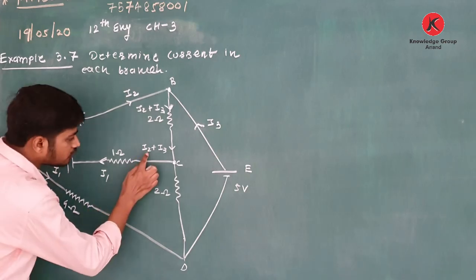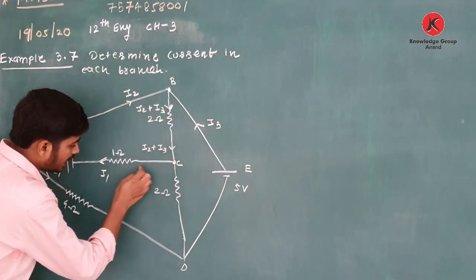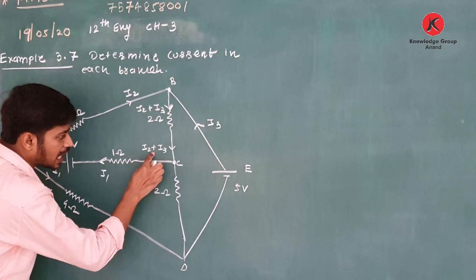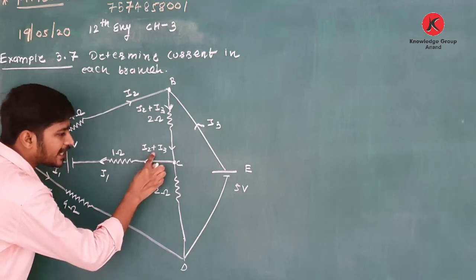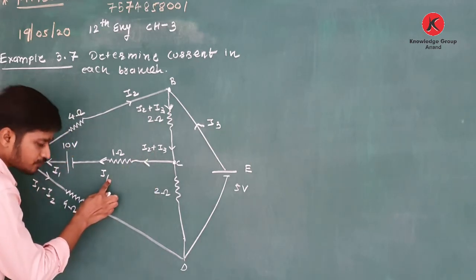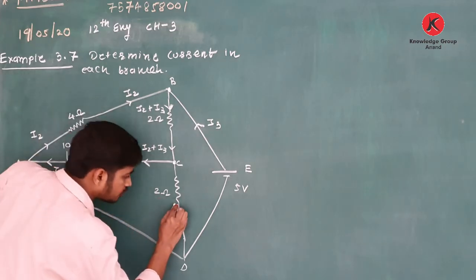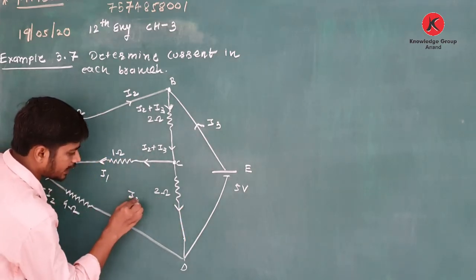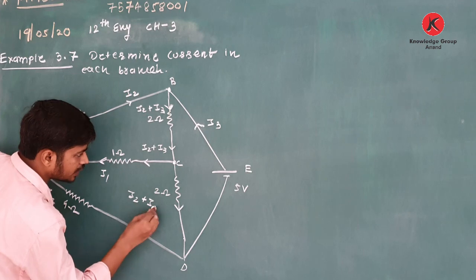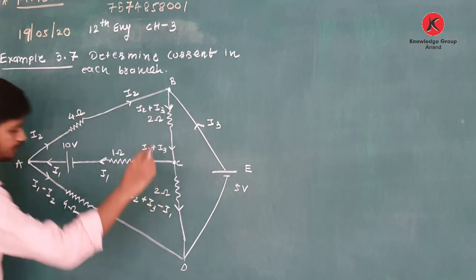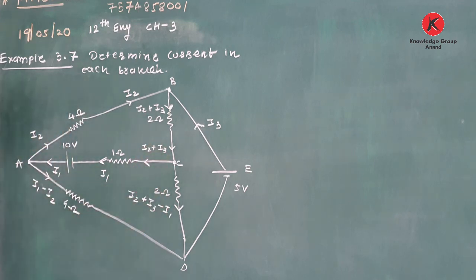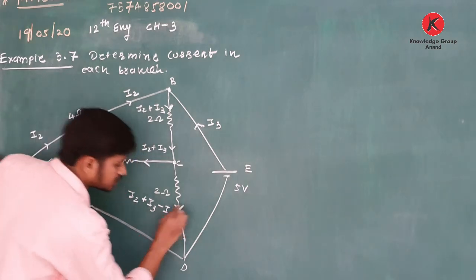So out of this I2 plus I3, if I1 is flowing in this branch, then what is the current flowing in this branch? It is I2 plus I3 minus I1. Clear about this? I2 plus I3 minus I1 in this direction.